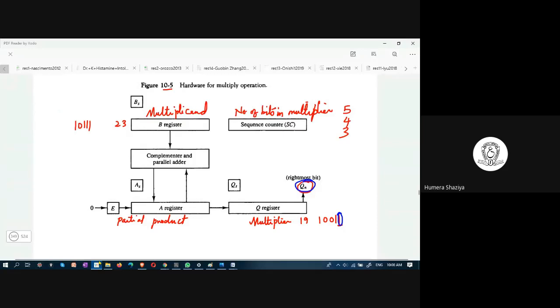What are the components in this? Registers, sequence counter, flip-flops. Okay, tell me what is the purpose of registers?